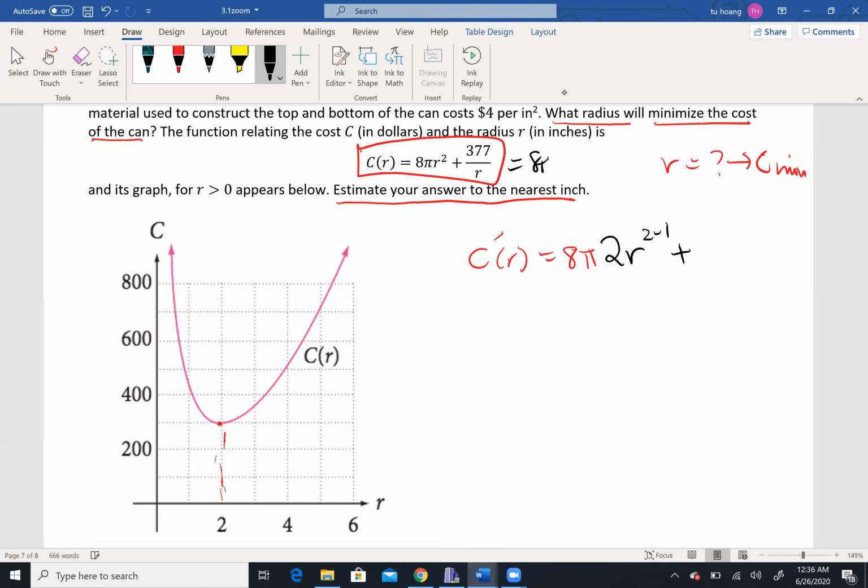So 8 pi r squared plus 377 times r to the negative 1. So then now you're going to have 377 times negative 1 times r to the power negative 1 minus 1, which is negative 2.